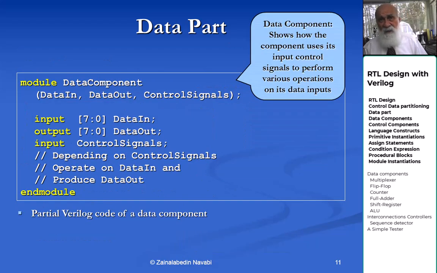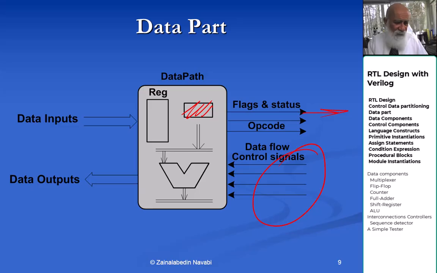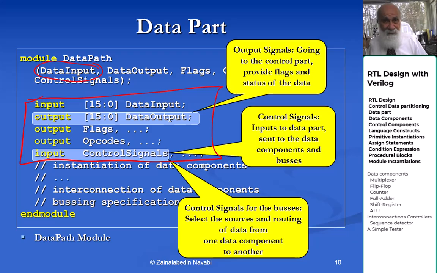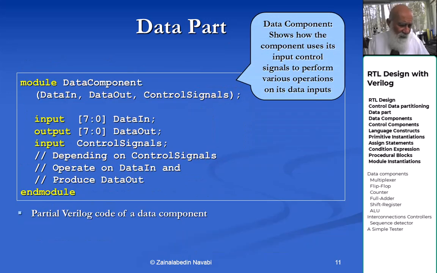A particular data component, like for example that register we were showing, this one over here, has some of the control signals dedicated to the functionality of that particular component as input, and then it has its own data buses, data inputs and data outputs, which will be decided by the data path, where or how these buses connect to other components within the data path.